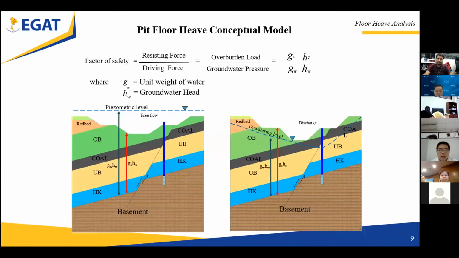The overburden load is represented by the unit weight of rock multiplied by the overlying material thickness, and the groundwater pressure is the unit weight of water multiplied by the groundwater head.